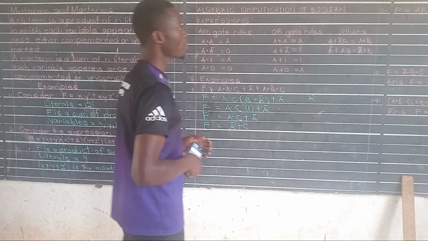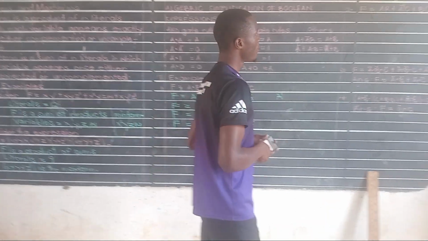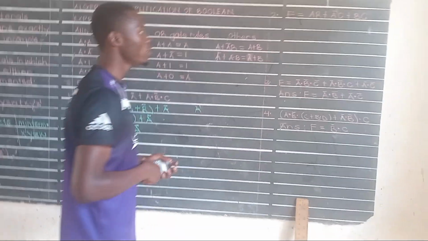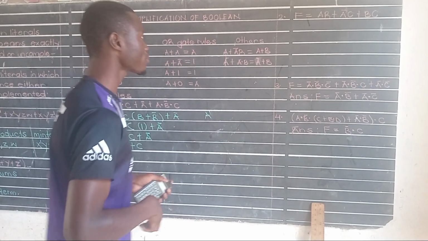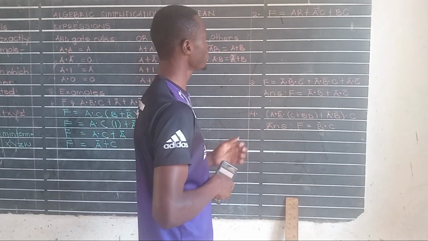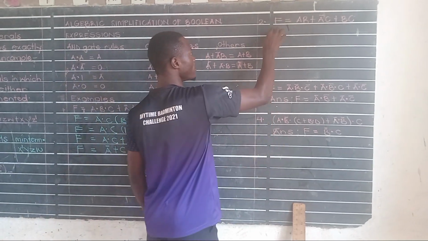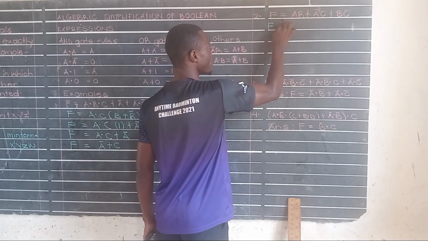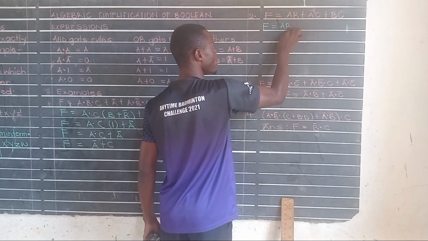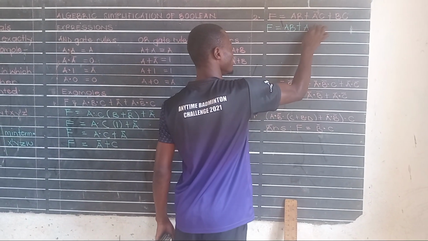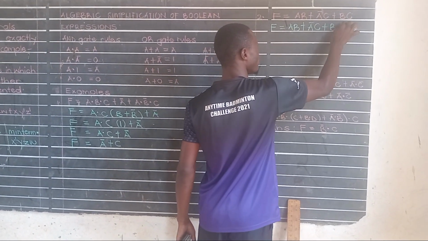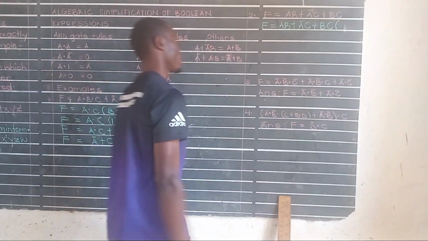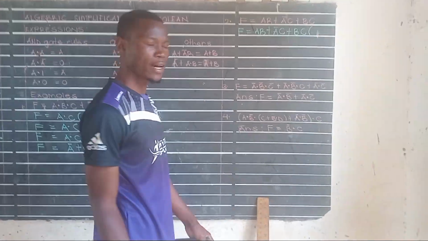I have another example here. Example number 2. F is equal to A B or not A C or B C. So you can still further simplify this problem using Boolean algebra. I'll say that F is equal to A B or not A C or B C. I have introduced what I can refer to as a neutral term.